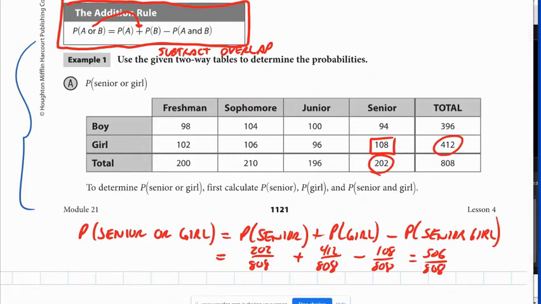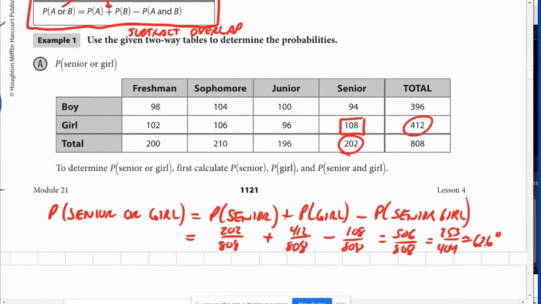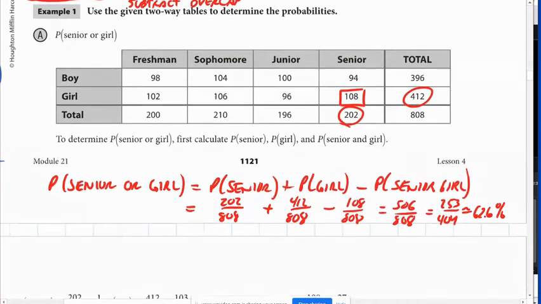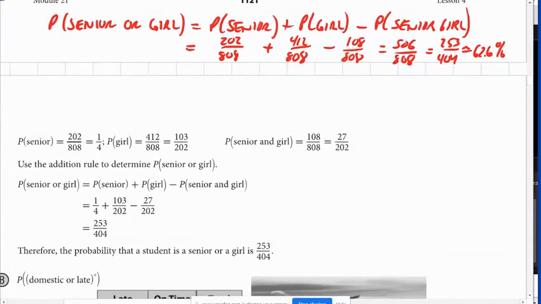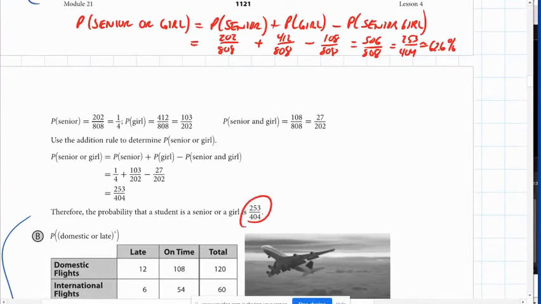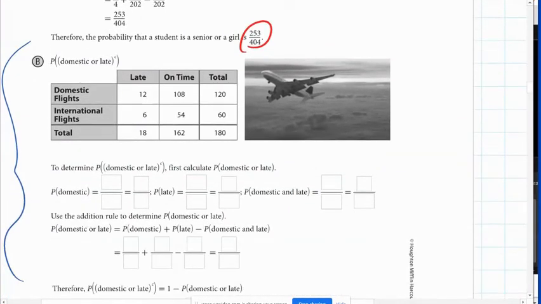That reduces to 253 over 404, or about 62.6%. Okay, if you go on to the next page, you see they got the same answer and showed the same steps.